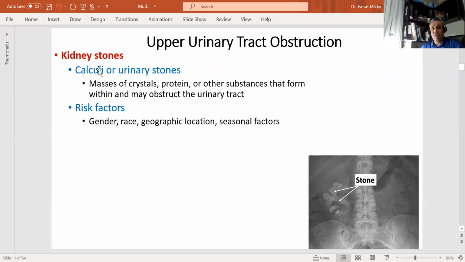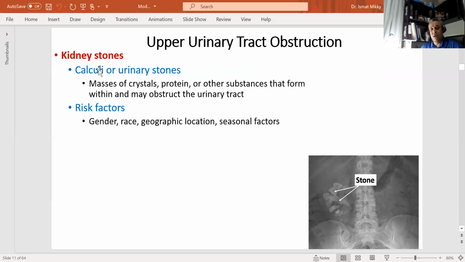The kidney stones, calculi, urolithiasis, or kidney calculi, all the same, mean stones in the kidney or the renal system. So the risk factors for stones to develop in the renal system, there are too many factors, I mean risk factors.